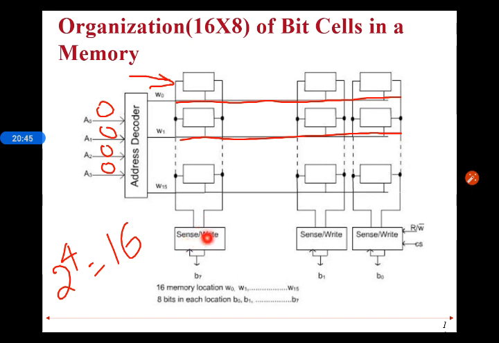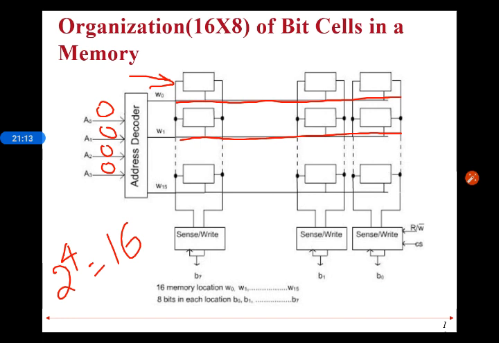Such 8 lines are there, so it will be transferred to this. Do you understand? If this cell is selected, the data in this cell will be transferred through this path and to this line, and then the data will be available as B7. Similarly, the same thing will happen for all cells. So that is during the read operation.